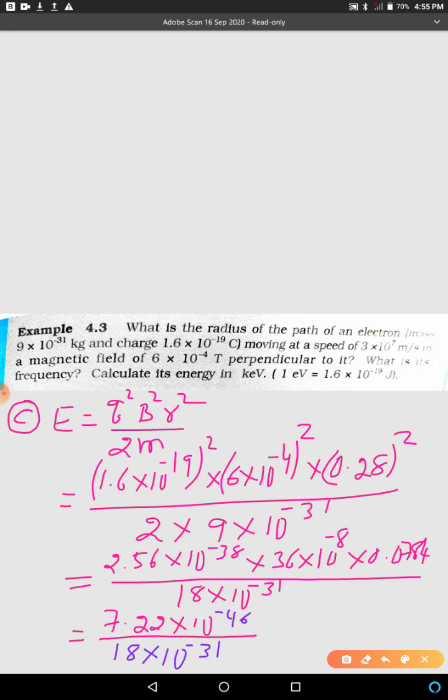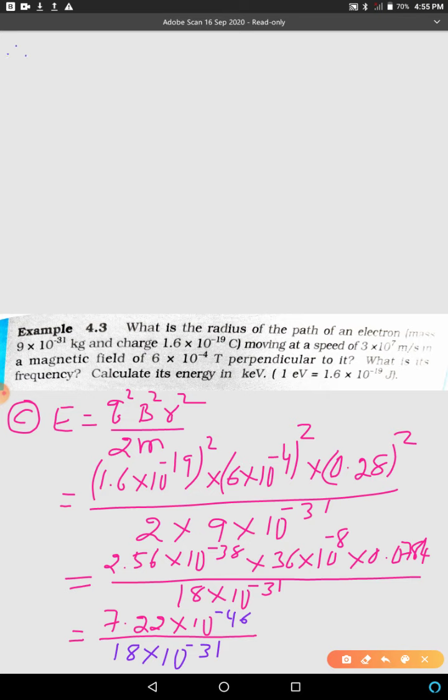So if you simply divide 7.22 by 18, how much does it come to? 7.22 divided by 18 will equal 0.40, correct?